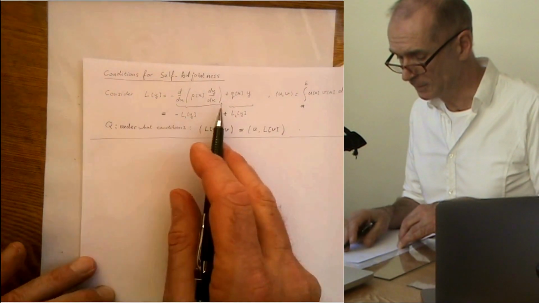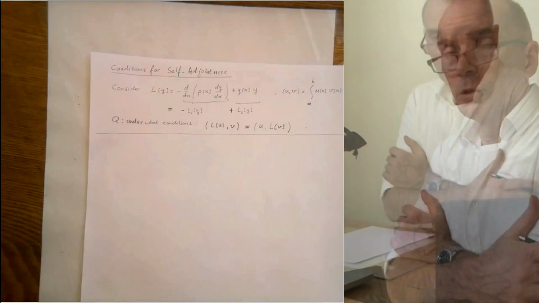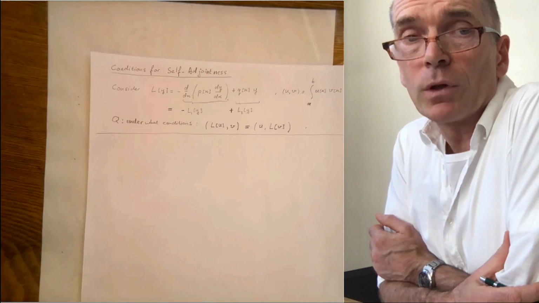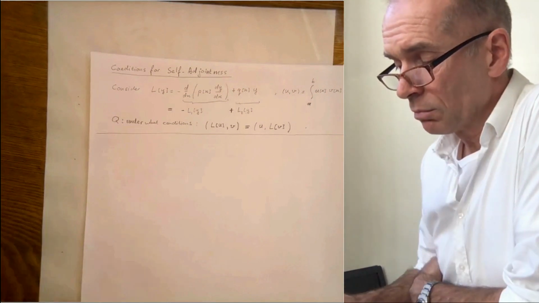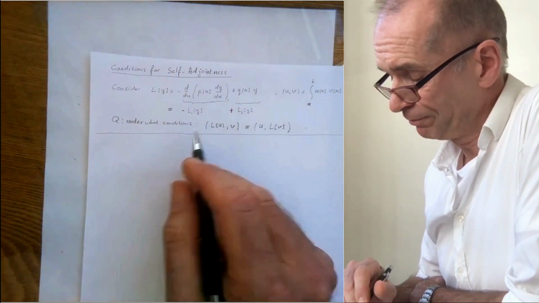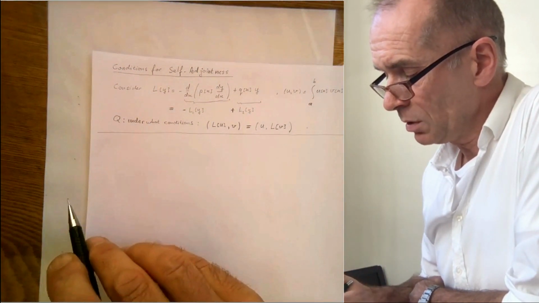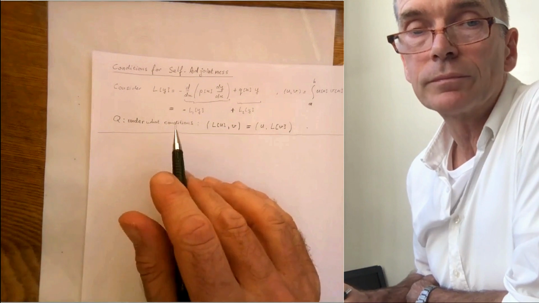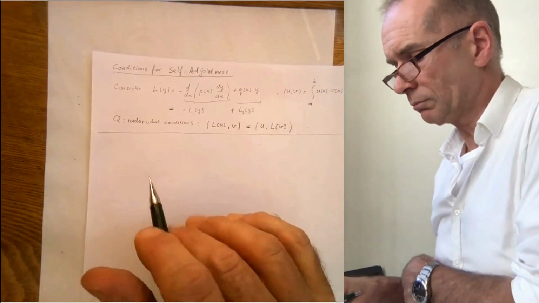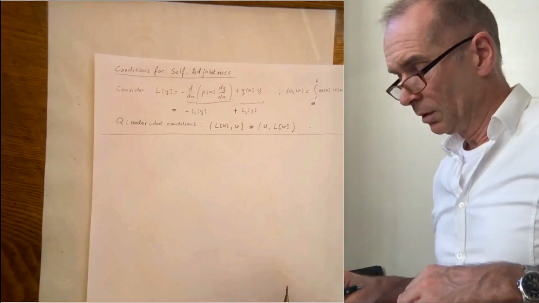It is over here. So we have to investigate that one. Under what conditions would that differential operator, L1, be self-adjoint? So we concentrate on that, and if that is guaranteed, then L will also be self-adjoint. Now there we go.